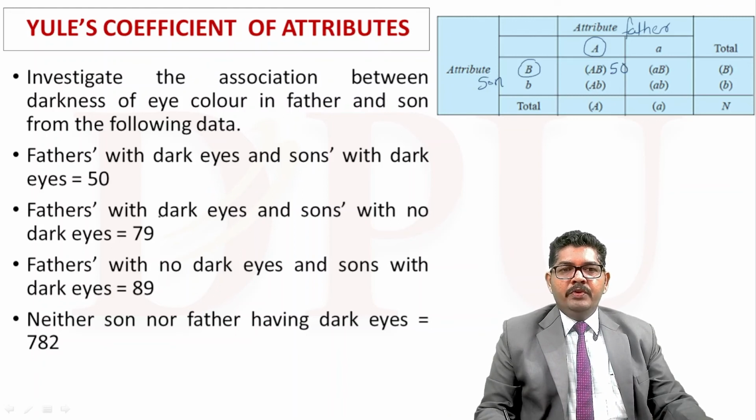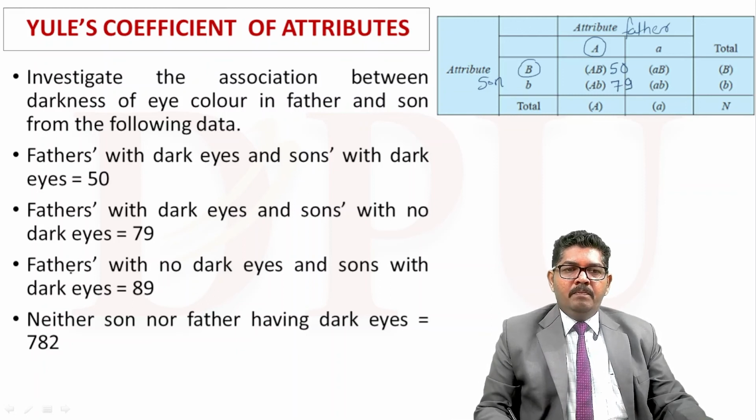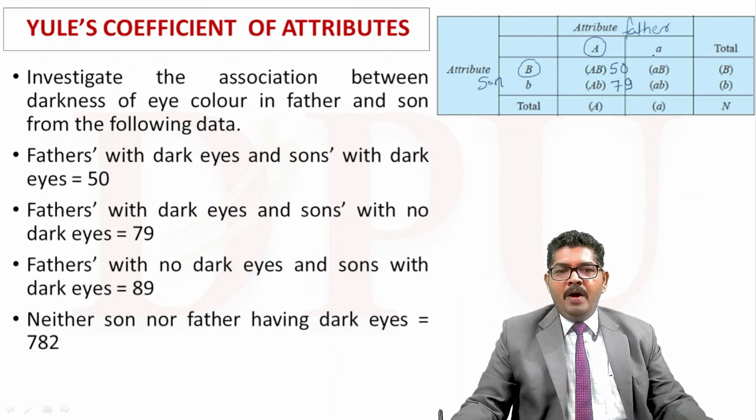Then fathers with dark eyes, sons with no dark eyes, so fathers with A and sons with beta. This is 79. Then fathers with no dark eyes and sons with dark eyes, so fathers with alpha and sons with B. So alpha B is equal to 89.